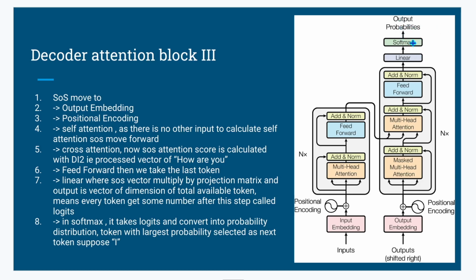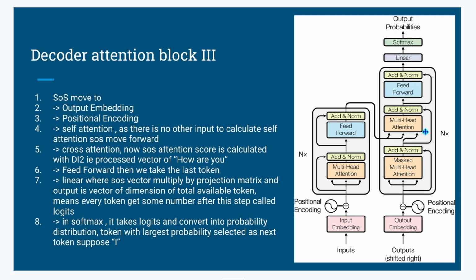So now what we have is SOS, I and am. As we have assumed, the answer should be "I am fine." So now what is the input? SOS, I, am goes through positional encoding, goes through masked multi-head attention, meaning self attention. So there are three tokens, SOS, I, am, and self attention between the three gets calculated.